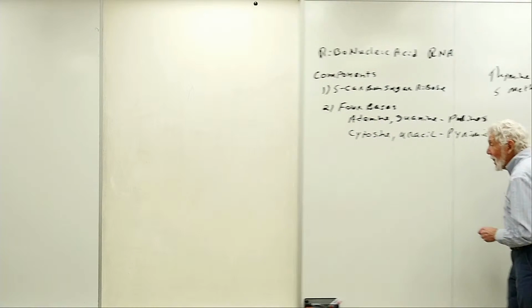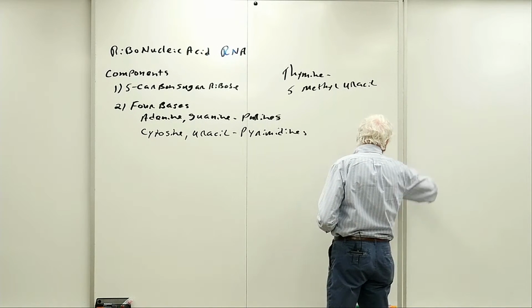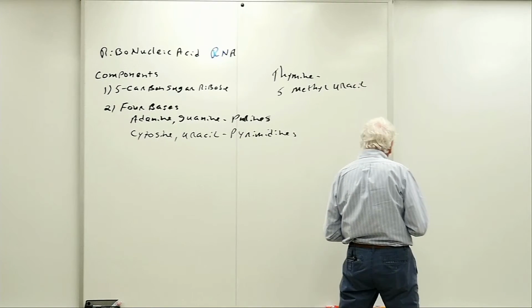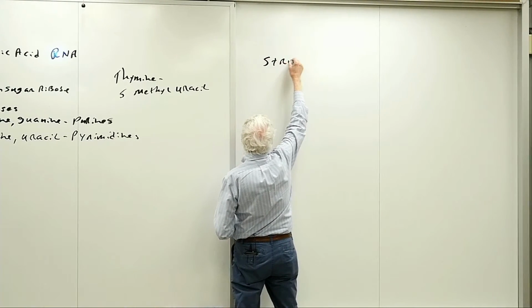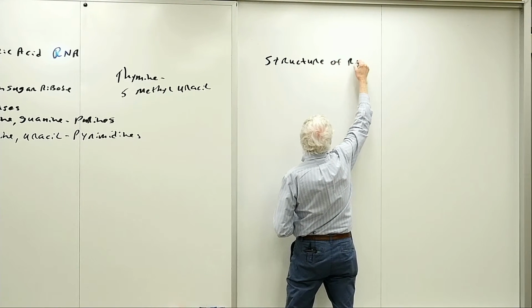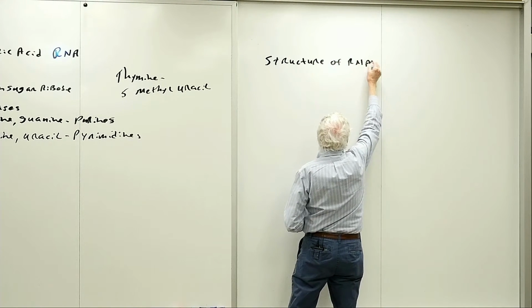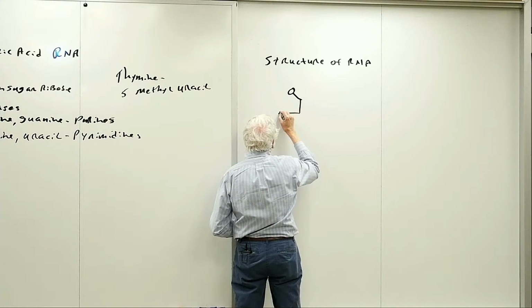So let's now begin thinking about how we're going to organize this. And we'll go to the right-hand panel. And here we'll label this as the structure of RNA. And we'll follow the same pattern we had yesterday, where we have this 5-carbon sugar: 1, 2, 3, 4.